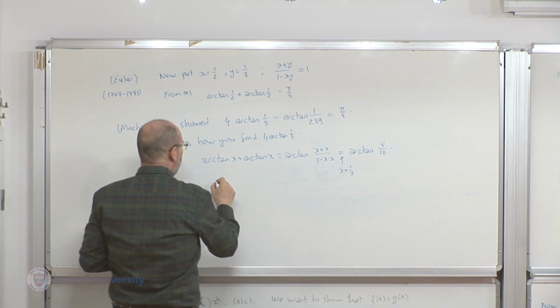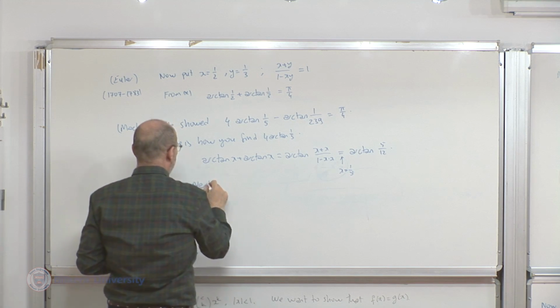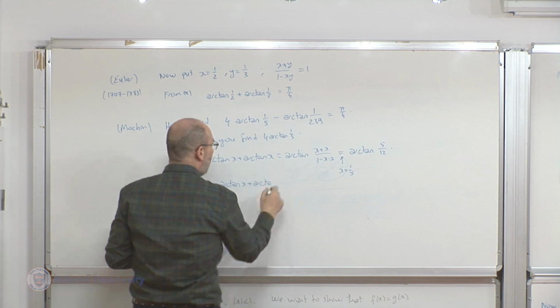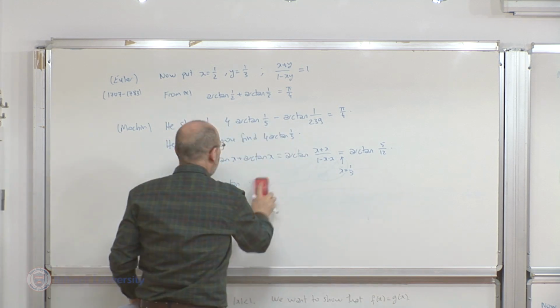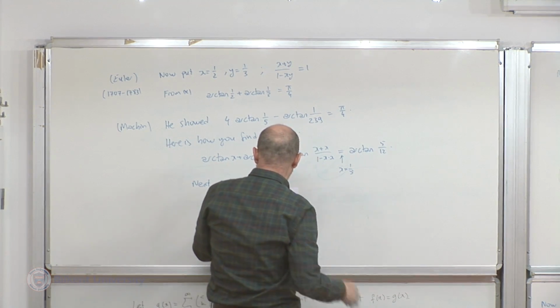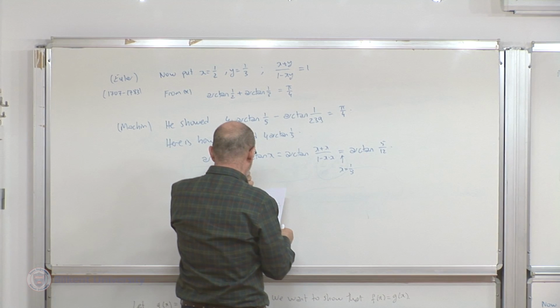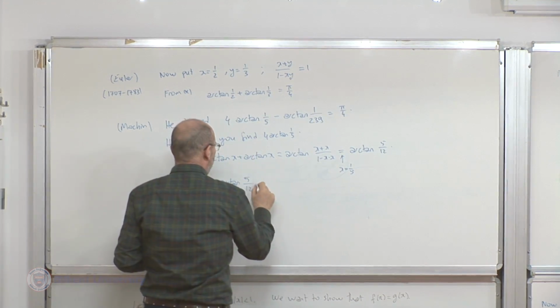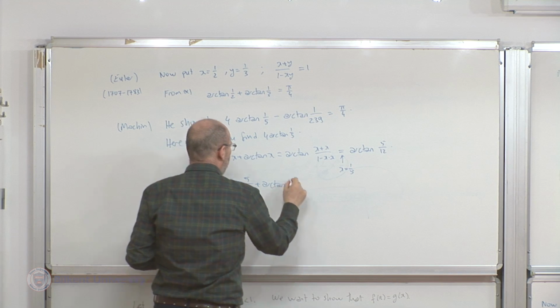So next, arctangent x plus arctangent, yes, now I want this one. Arctangent 5 over 12 plus arctangent 5 over 12.